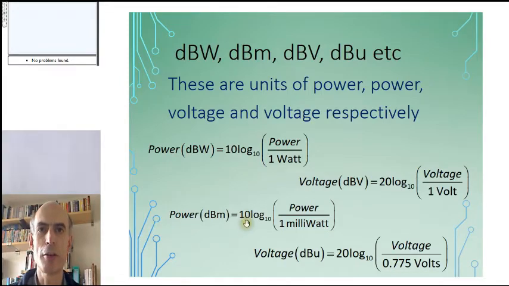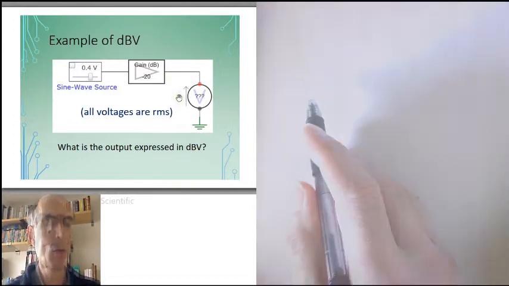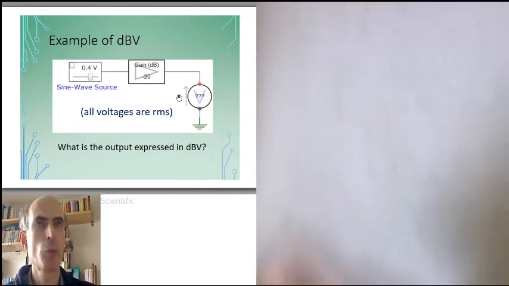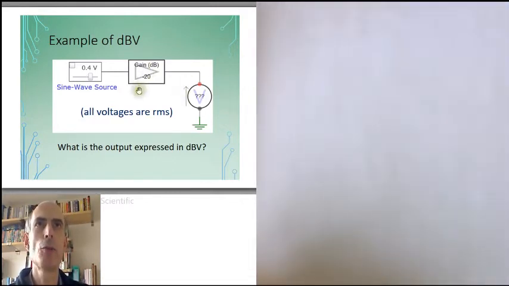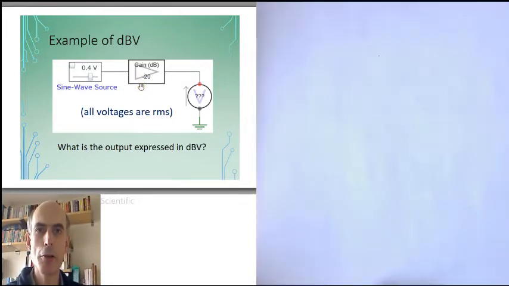I'll do a few examples. How would you express the output of this amplifier in dBV? Well, there are two ways to do it. The first way would be to take the gain, notice that gain is minus 20 dBs, and convert that gain into a voltage ratio, the voltage out divided by the voltage in.